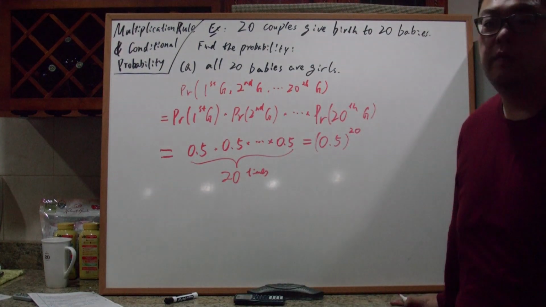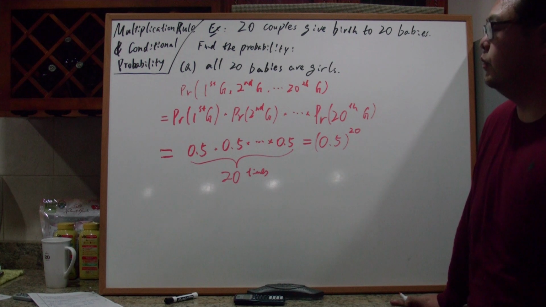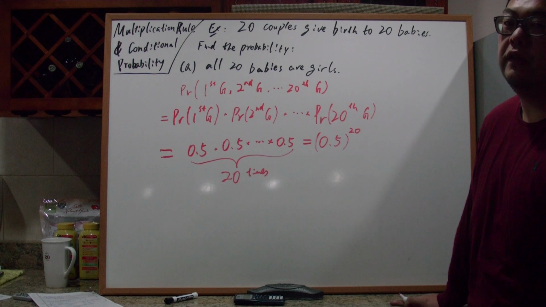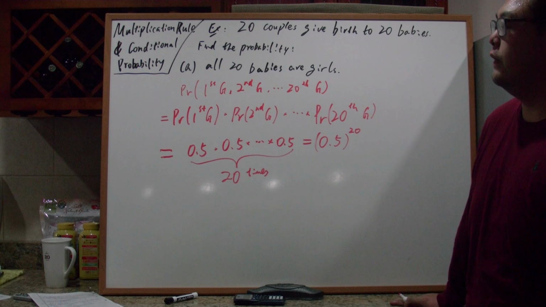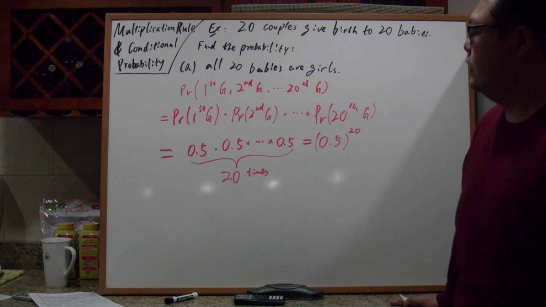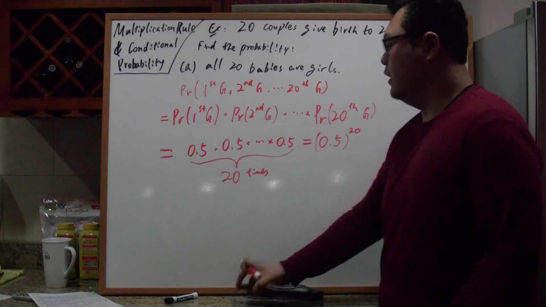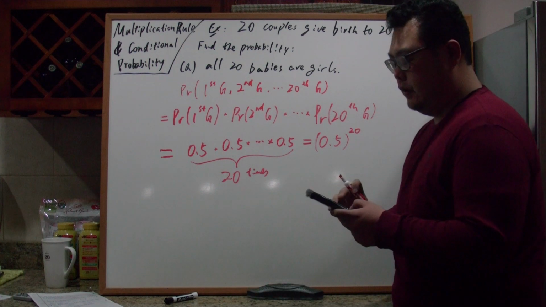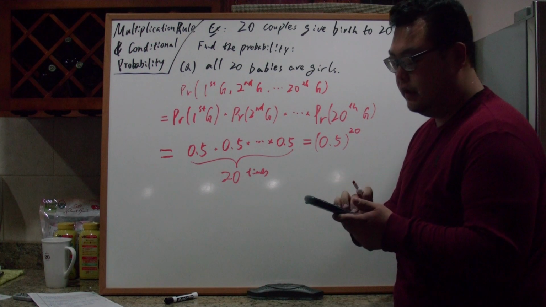I will simply multiply 0.5 20 times. That 0.5 is the probability of a couple having a newborn girl, raised to the 20th. Then we get the probability: 0.5 raised to the 20th.